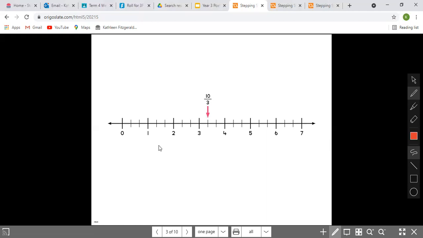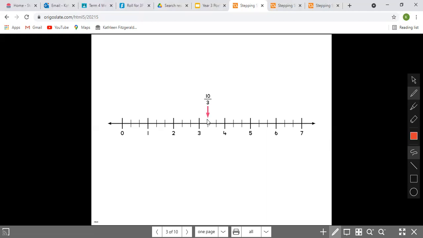Okay, still working on the thirds number line. This says that we are at 10/3. Okay, we can see if we counted 1, 2, 3, 4, 5, 6, 7, 8, 9. There we have our 10th. That point is 10/3.